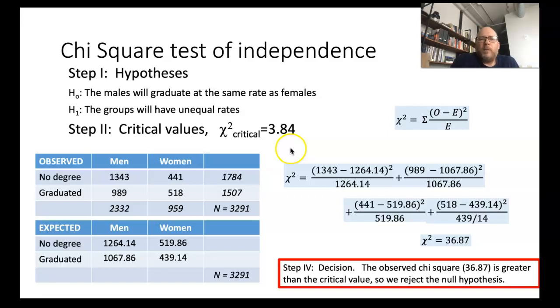If I want to understand more about that, I can just go look at the ratios. I see that men are graduating at a lower rate. Fewer than half of the men are graduating with degrees, whereas more than half of the women have graduated with degrees. And that's a significant difference, so the ratio's different there.